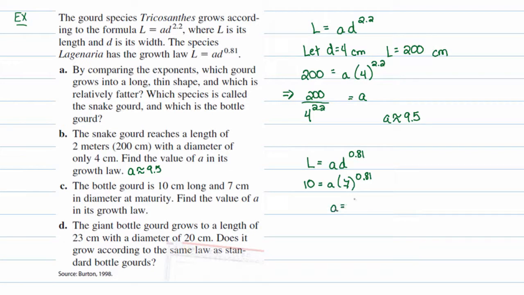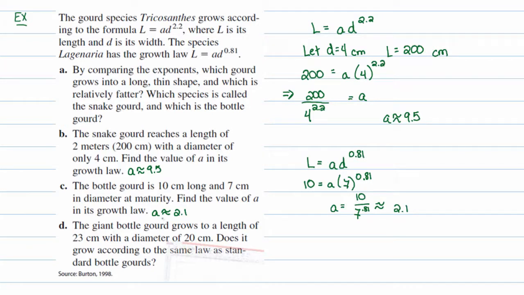So A will be 10 divided by 7 to the 0.81 power, which is roughly equal to, when I grab my calculator here, 2.1. So the A here is roughly 2.1. Some people might wonder, what does that A really mean? It's just like a constant of variation, essentially.